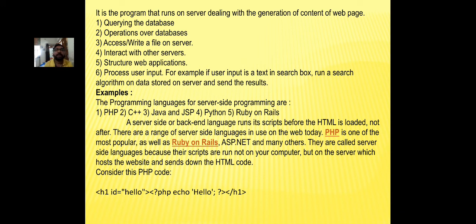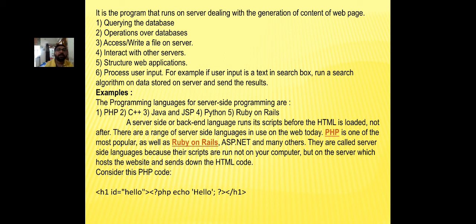Examples of programming languages for server-side programming are PHP, C++, Java and JSP, Python, Ruby and Rails. A server-side or backend language runs its script before the HTML is loaded, not after. There are a range of server-side languages in use on the web today.